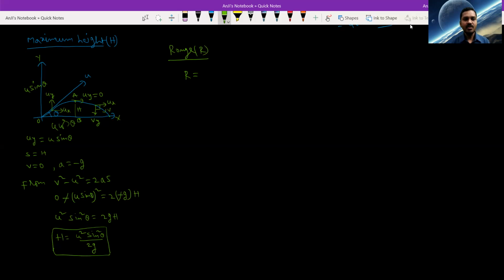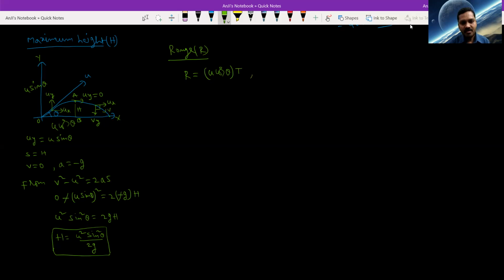Then r is equal to horizontal velocity u cos theta into the time taken by the body from point O to X, which is time of ascent plus time of descent. The total time is the time of flight, denoted by capital T.